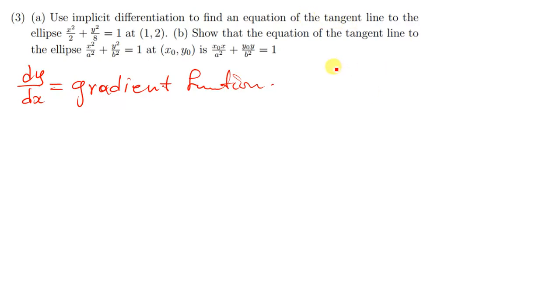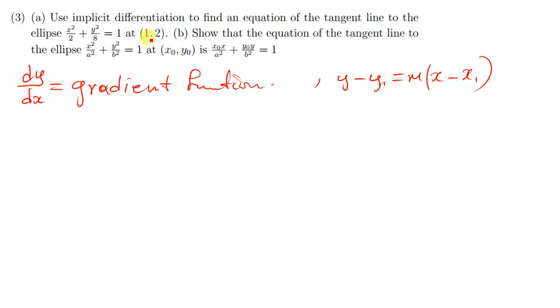The other thing that you need to know about this question is that the equation of the line is found by using this equation, which is y minus y1 is equal to m times x minus x1.